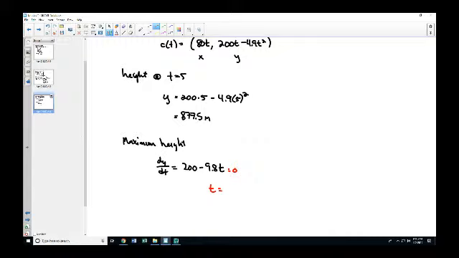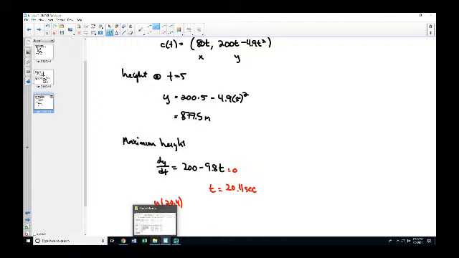I think that's about 20.4 seconds, give or take; it might be a hundredth off. So that's the time at which maximum height occurs, right? Now plug that into y, because y is what gives you the maximum height.